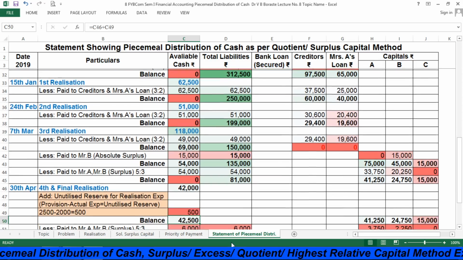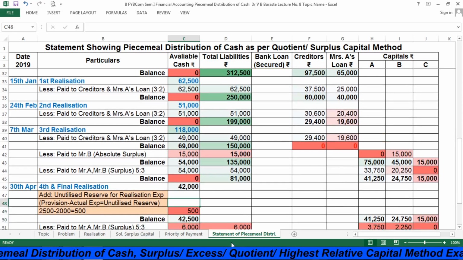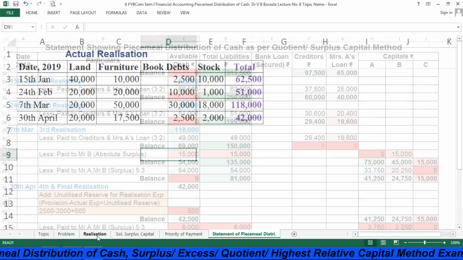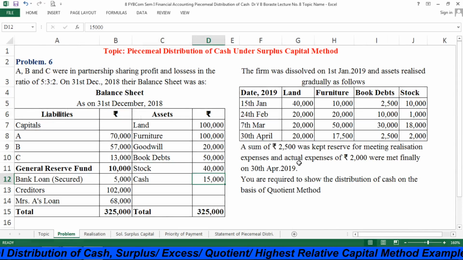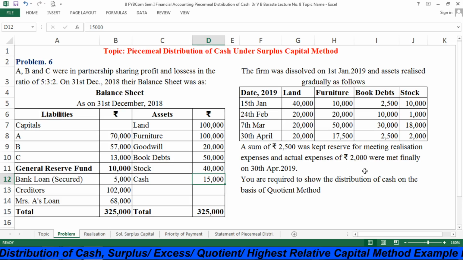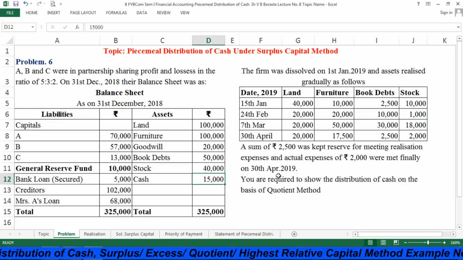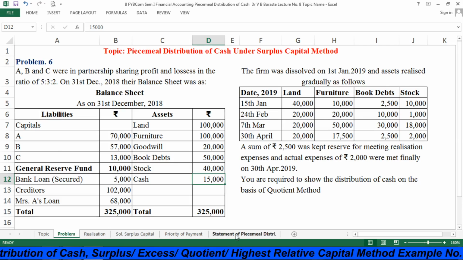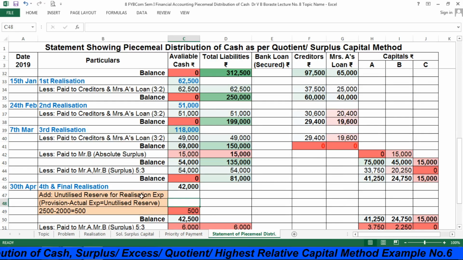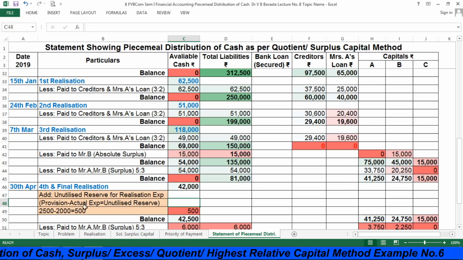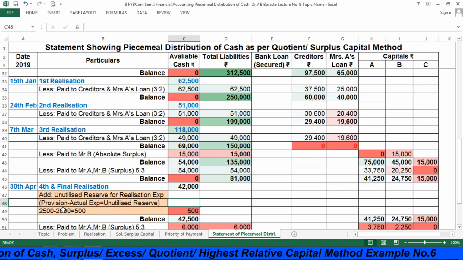In this stage you have to consider the realization expenses which were met. The reserve was rupees 2,500 in the month of April. Actual realization expenses was rupees 2,000. That means here we have an extra amount of rupees 500. So here you can see utilization of reserve for realization expenses.